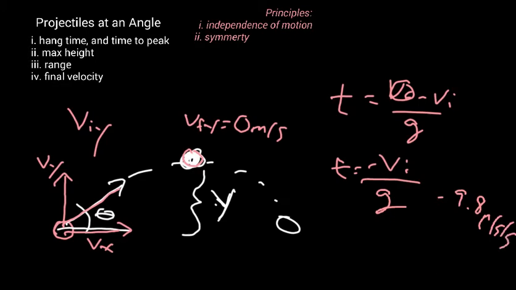You know, if you get negative time, you did something wrong, and that would give us the time to the peak. So either of those two ways will be sufficient for finding the time it takes to get to the peak.